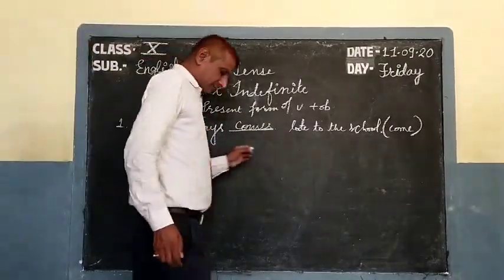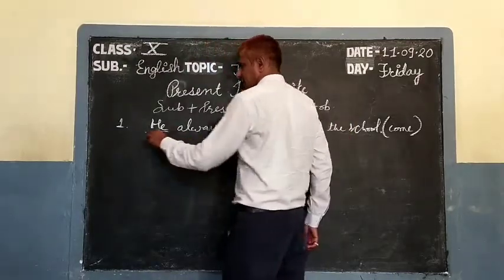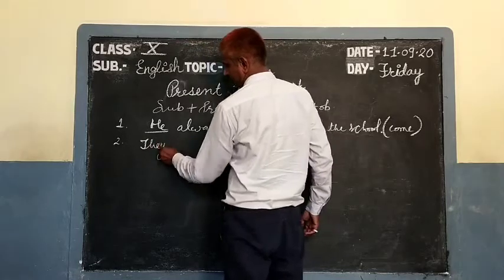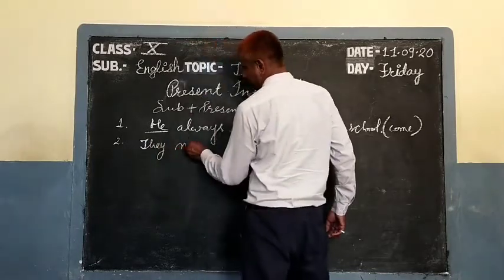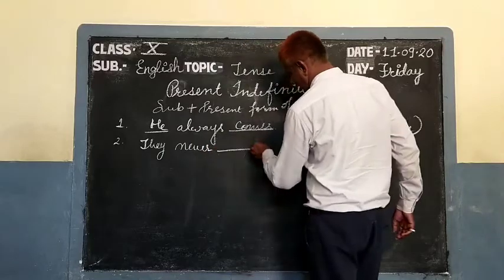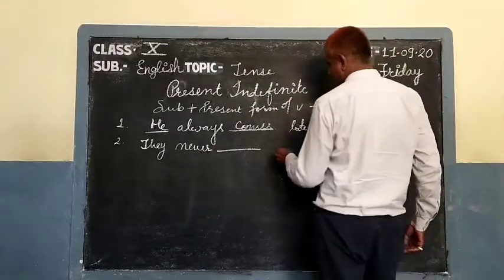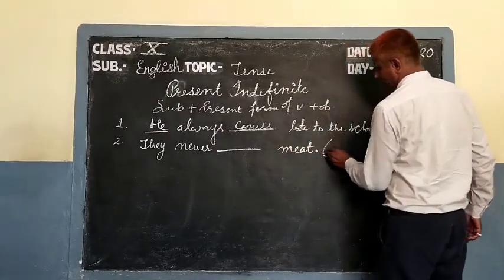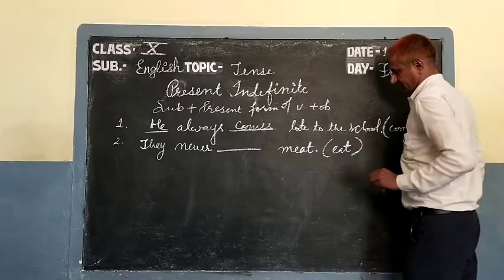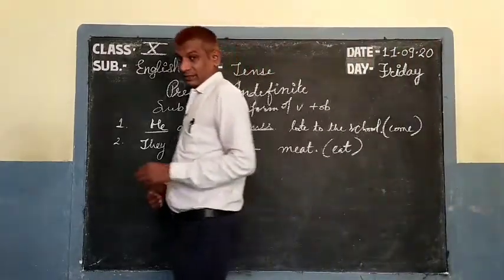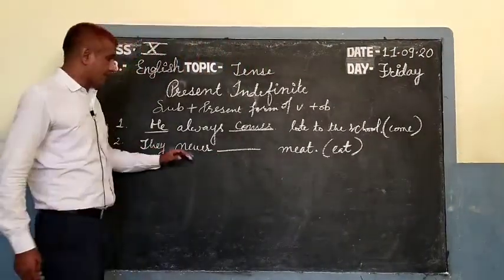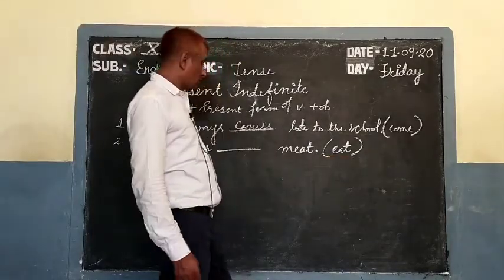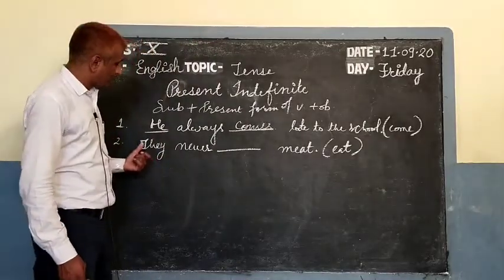This is the sentence, and this way we can identify. I write one more sentence: They never eat meat. Here the verb is eat, and our subject is plural.